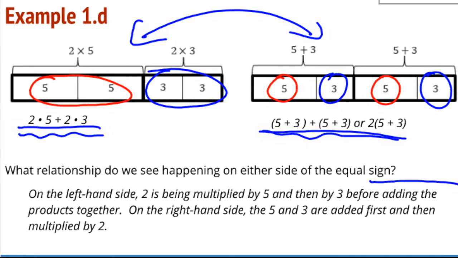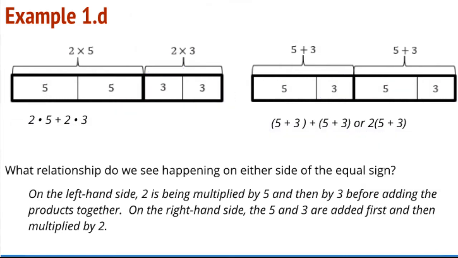So a quick look at what we see happening on either side of the equal sign. On the left-hand side, the 2 is being multiplied by 5, and the 2 is being multiplied by 3 before we add things together.